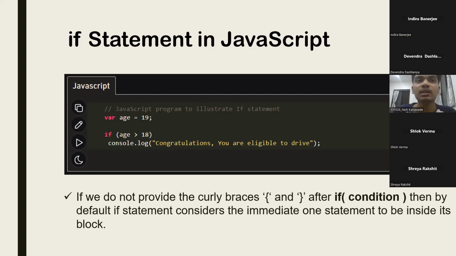One of the main things is that if we do not provide curly braces, as in the above example, then it will only consider the first line, the immediate statement inside the block. If we provide curly braces, then it can have multiple statements as well.